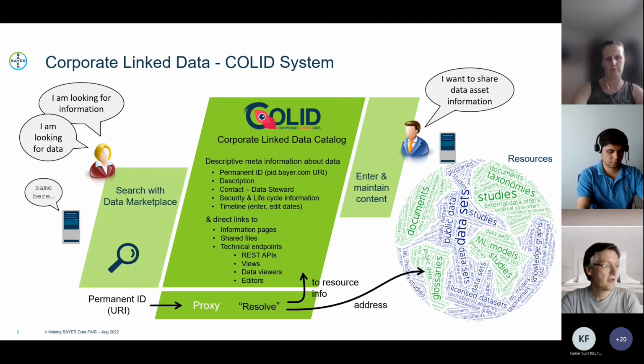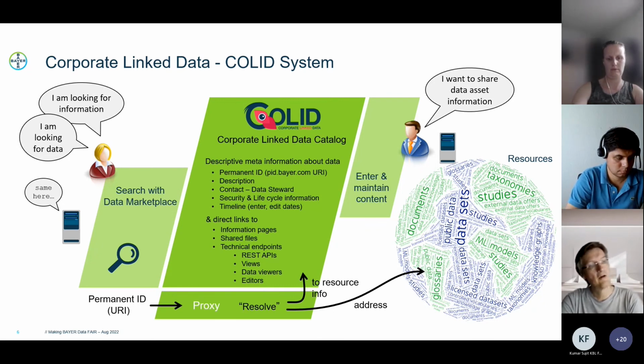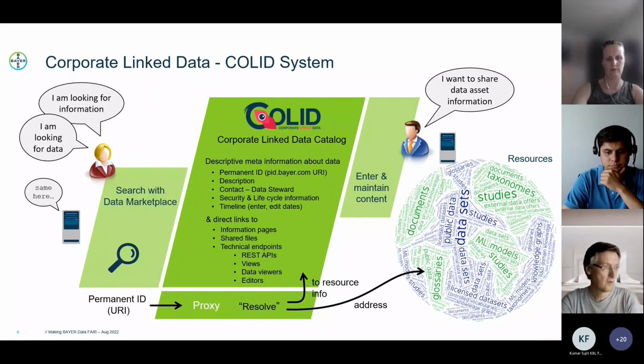We have a proxy running, and when you drop an identifier into any browser in the Bayer network, then you get led to a page where you find information on what that thing means, or you get directly linked to an endpoint, because our endpoints also have their own identifiers.